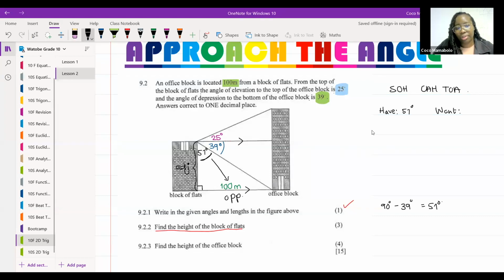Our want is the block of flats height, which is the adjacent side.